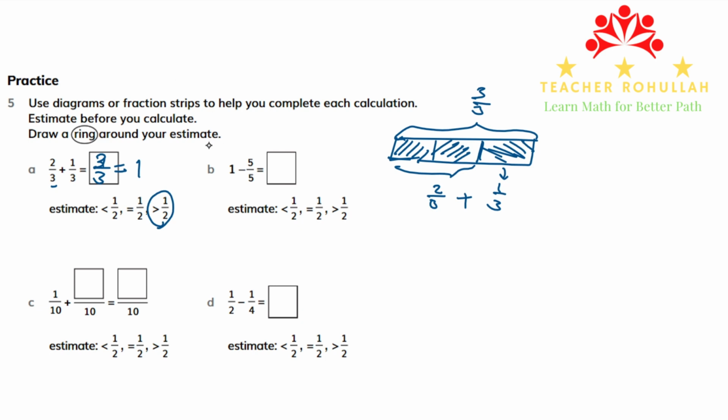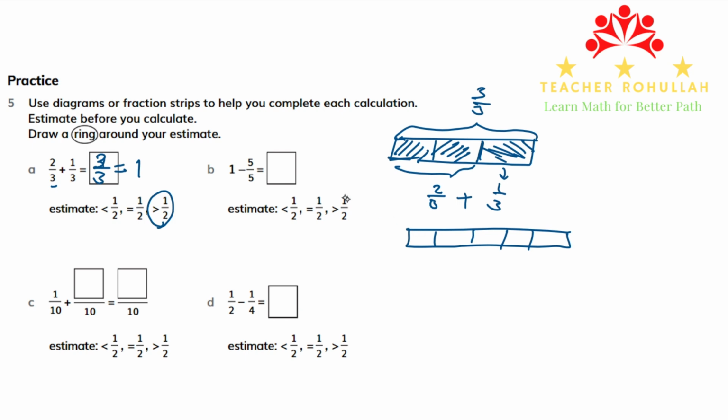Part A is solved. Let's go on to part B. In part B, we have 1 minus 5/5. Let me draw a diagram here also. In this diagram, we have 5 equal parts. 1 means one whole part of it.